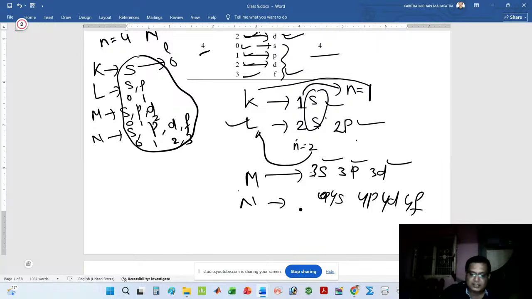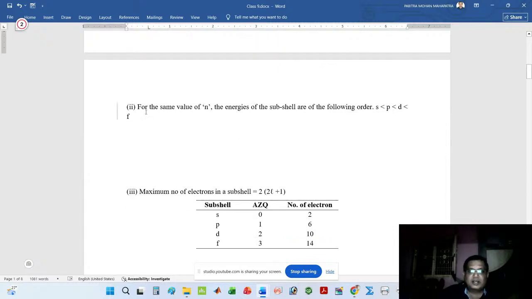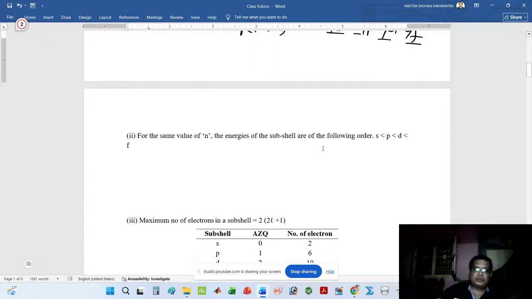Similarly, for N cell you can write 4s, 4p, 4d, 4f. Actually they are different in size, but they are equal in their shape. Now let me explain the next point. Suppose you think about 4s, 4p, 4d, 4f.